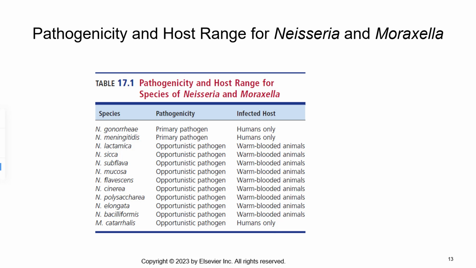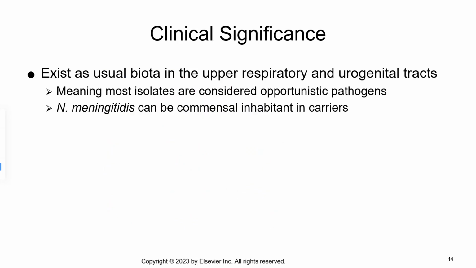So this is a list of some of the pathogens and opportunistic pathogens. Clinical significance: they exist as usual biota in the upper respiratory and urogenital tracts, meaning most isolates are considered opportunistic pathogens. N. meningitidis can be a commensal inhabitant in carriers.